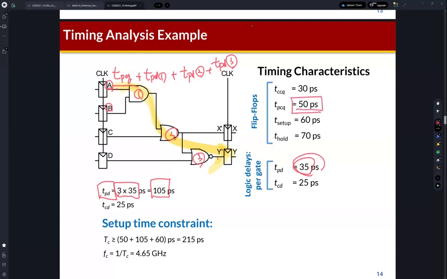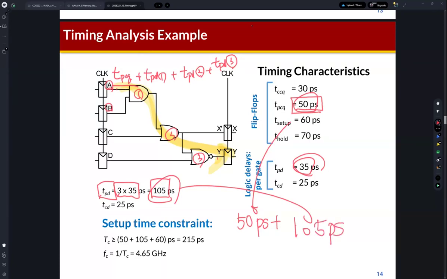So what is the maximum delay? The maximum delay is 50 picoseconds plus 105 picoseconds.